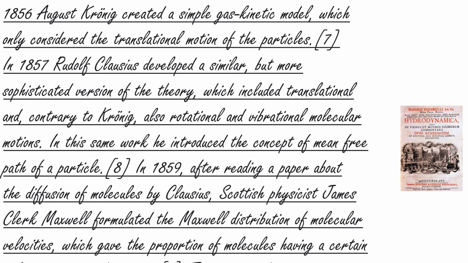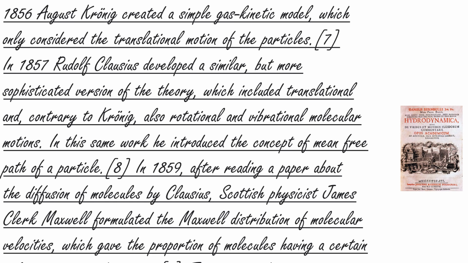In 1856, August Krönig created a simple gas kinetic model which only considered the translational motion of the gas particles. In 1857, a year later, Rudolf Clausius developed a similar but more sophisticated version of that theory, which included translational and, contrary to Krönig, also rotational and vibrational molecular motions.